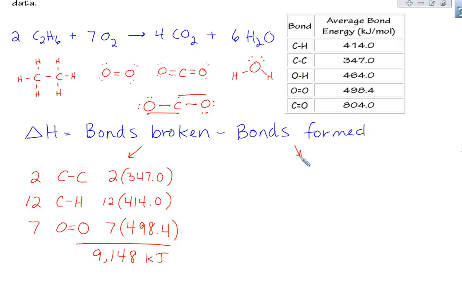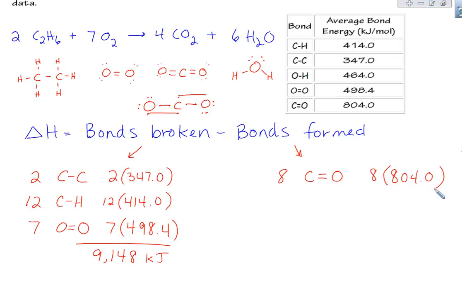And now we do the same thing to the bonds formed. On the product side, we're going to form 2 carbon-oxygen doubles, but then we need to multiply by 4, so there's actually 8 of them. 8 carbon-oxygen doubles: 8 times 804.0.